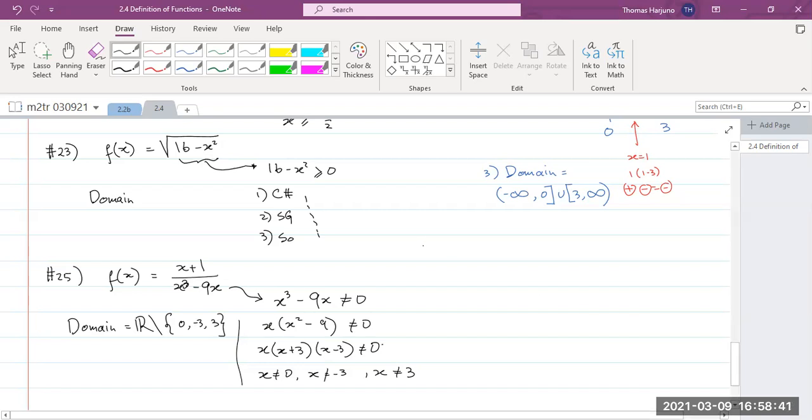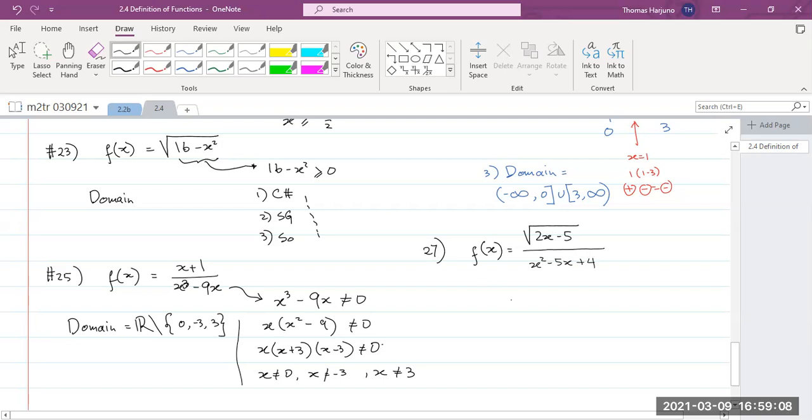Number 27. Suppose I have the function f(x) equals the square root of 2x minus 5 over x squared minus 5x plus 4. What's the domain?